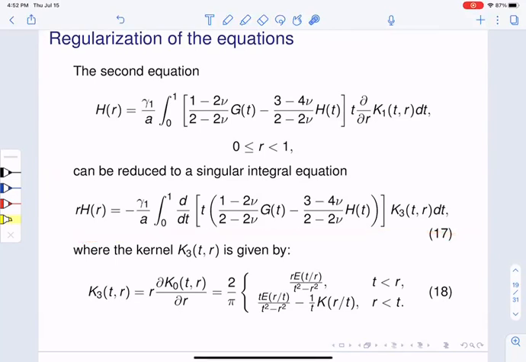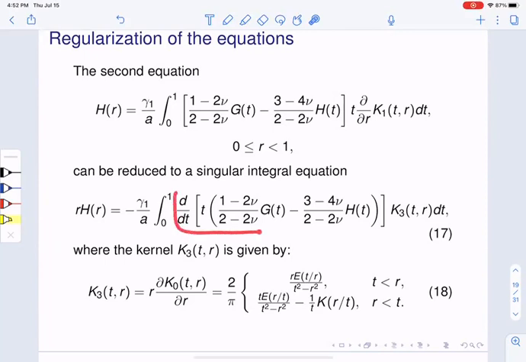Now K3 here is a singular integral kernel. It's of a similar type as K1, just with the order of variables changed. Then this equation with respect to this function can again be regularized essentially by inverting the Cauchy type integral, with the inverse allowing singularities of order 1/2 at the endpoints.